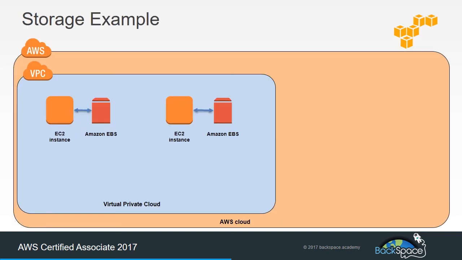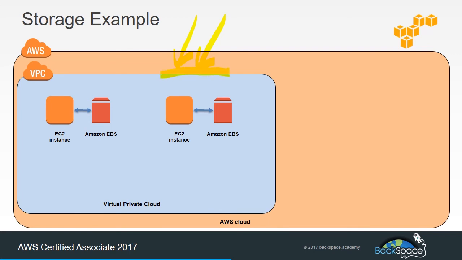Now let's have a look at using some of these storage options with AWS. So here I've got the AWS Cloud in orange, and inside of the AWS Cloud, I've got a VPC, or a virtual private cloud. Now that VPC is our personal private space within the AWS Cloud. So what that means is that if traffic wants to come in from outside our VPC, it will be blocked.